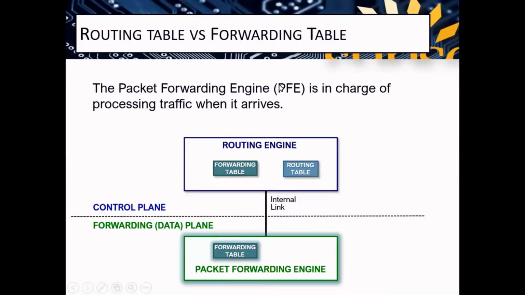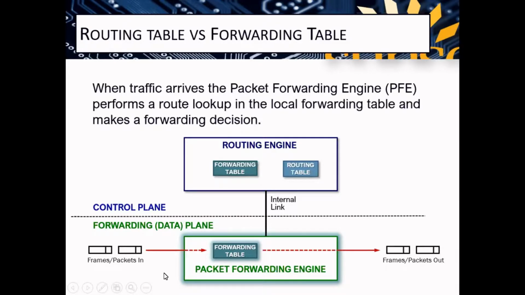The packet forwarding engine is in charge of all the processing of traffic when it arrives, applying class of service, policing, packet filtering, all that is implemented in the PFE. So again, when traffic arrives, the PFE looks up the destination address on the local forwarding table and makes a forwarding decision based on that. That traffic, which we call transit traffic, never goes to the routing engine.